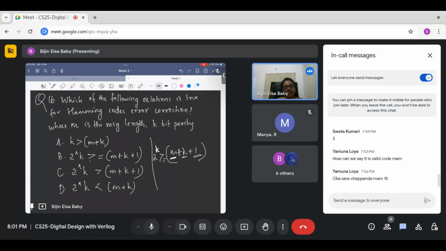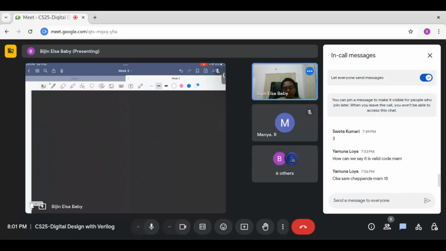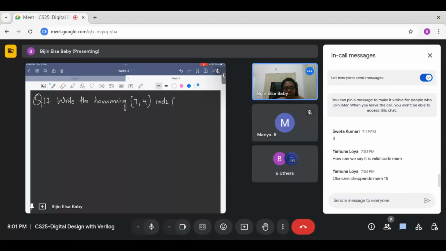We will solve one example of Hamming code. Write the Hamming code for 000 using even parity.